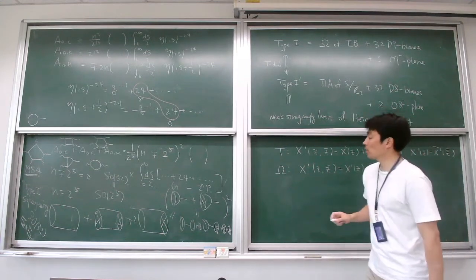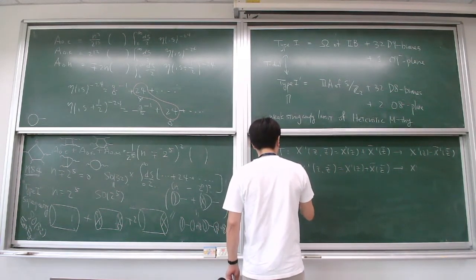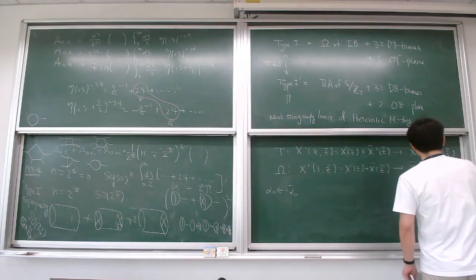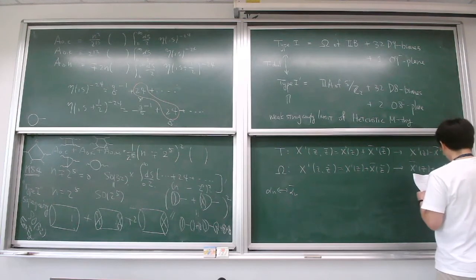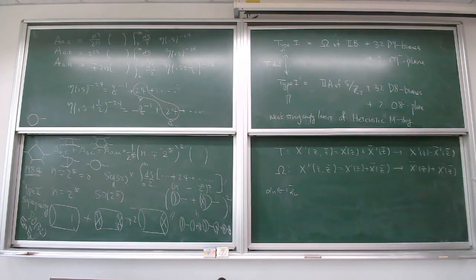So remember that in closed string, you just have alpha n is mapped to alpha n bar. Okay? So that's what you get.